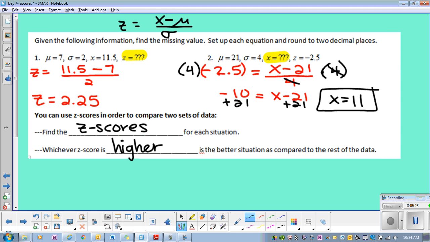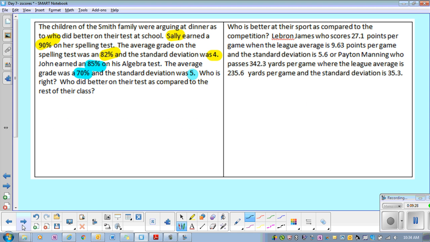All right, so this leads us right on over to our word problems here. The first one. It's a lot of stuff here, but just pick out the information that is useful to you.